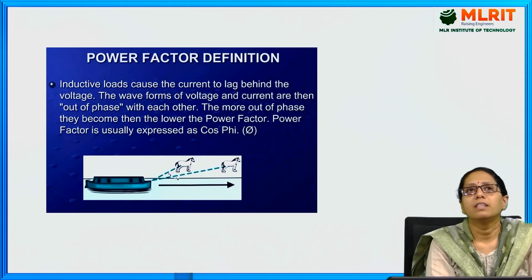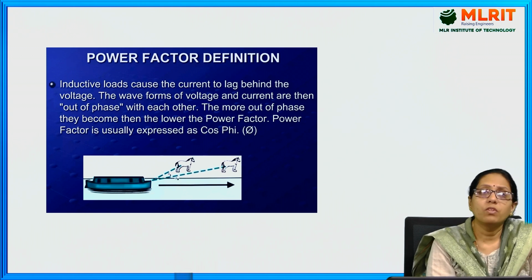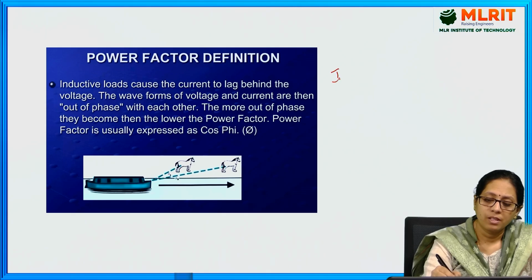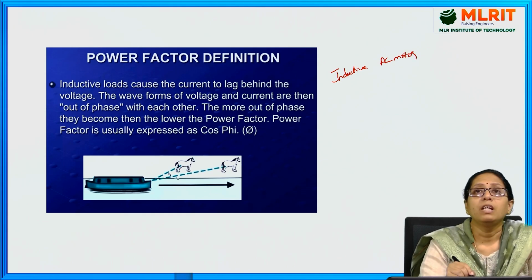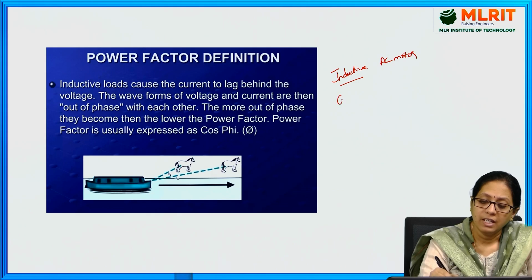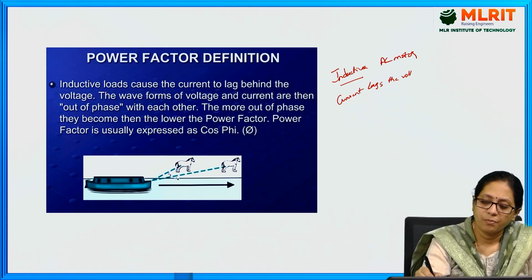Power factor definition. Most of the loads which we use are inductive loads, for example an AC motor or an induction motor. In an inductive load, the current lags the voltage.